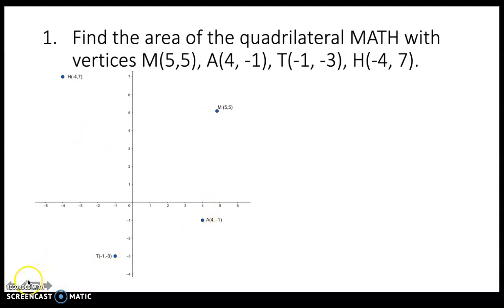MATH. We cannot connect. Okay, I have here a pen. So this is the quadrilateral. Sorry, I'm not having a steady hand right now. Anyway, there. Okay, let's assume that those are straight edges. So in this case, this is our quadrilateral MATH.